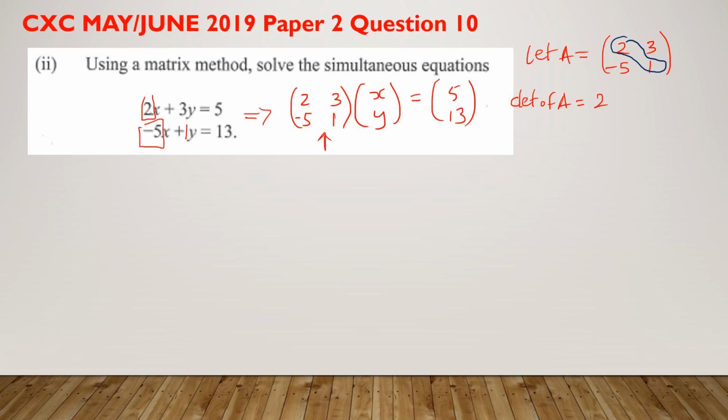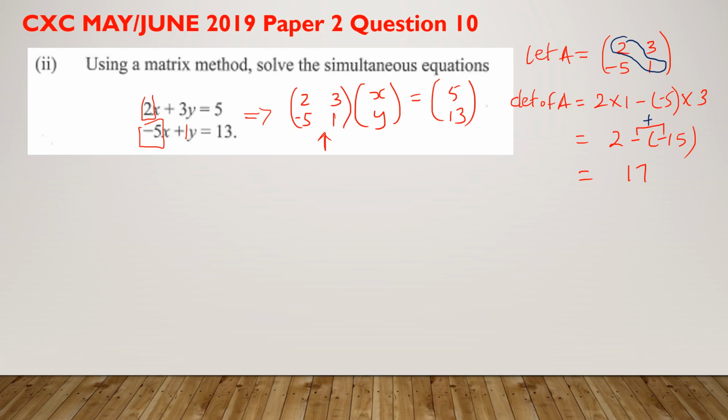So 2 times 1 minus -5 times 3. So that is 2 minus 15, which is equals to 17. These two minus signs will give us a plus.